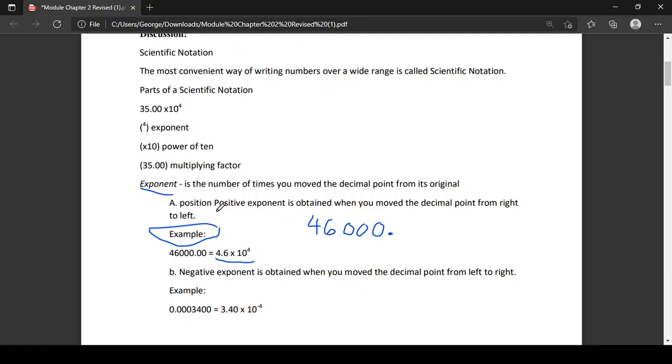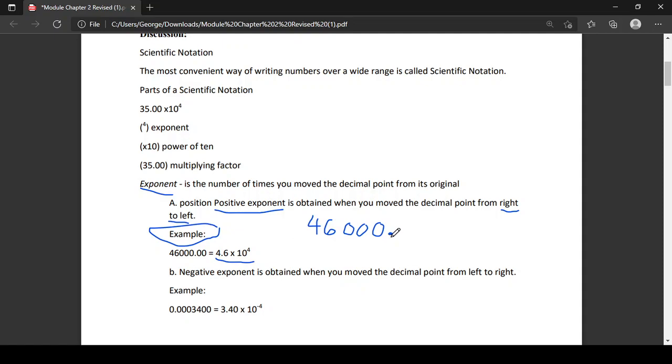Kids, read letter A. A positive exponent is obtained when you move the decimal point from your right to left. Again, from your right to the left. That is a positive exponent.